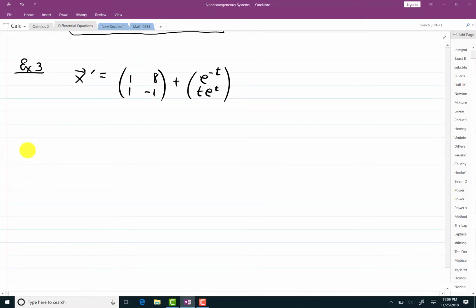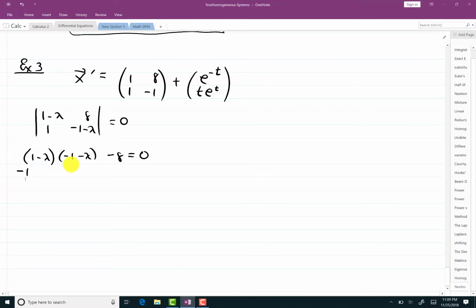As always, we'll find our eigenvalues first. And let me go ahead and multiply it all out. We'll have -1, and then I'll have negative lambda, then I'll have positive lambda.